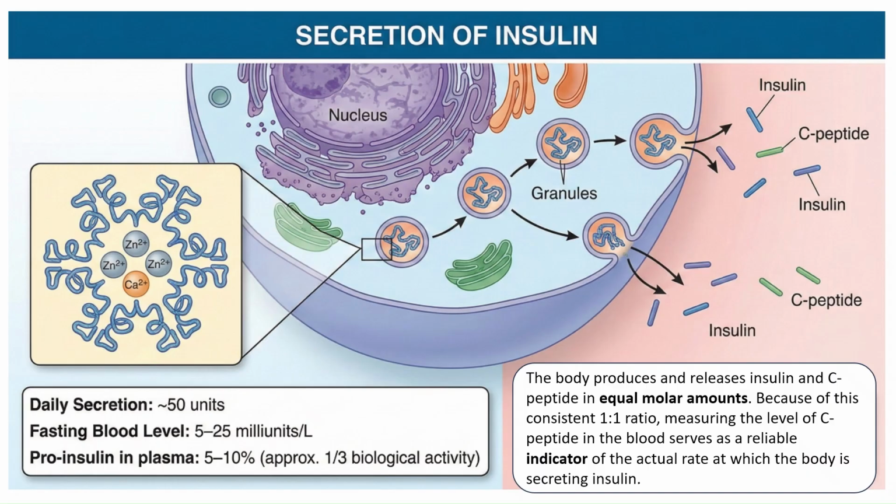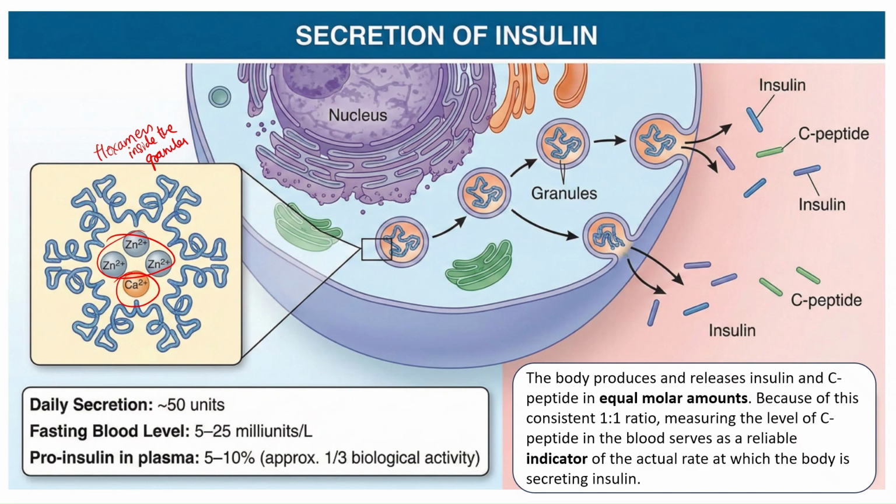Within these granules, insulin molecules are arranged in the form of hexamers. The hexamer structure is stabilized by the presence of zinc ions and calcium ion. And then finally, we will be talking about the daily output of insulin.